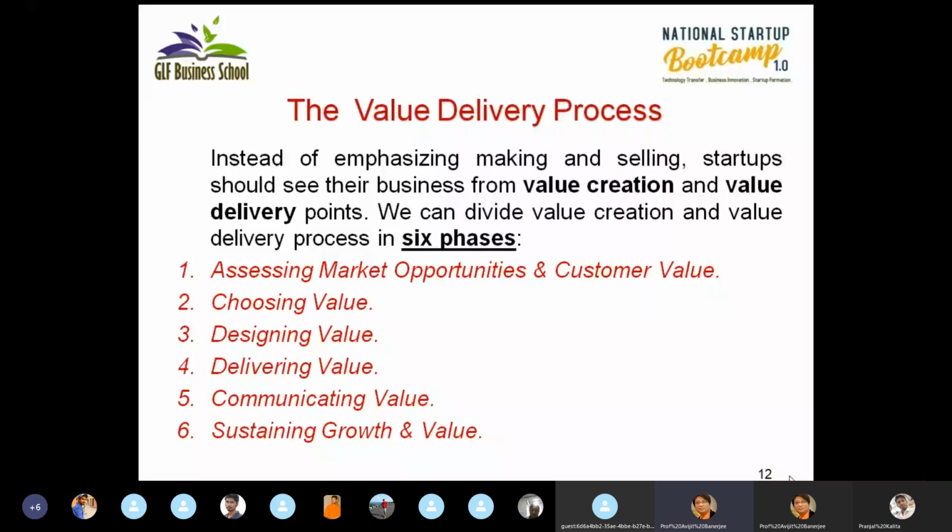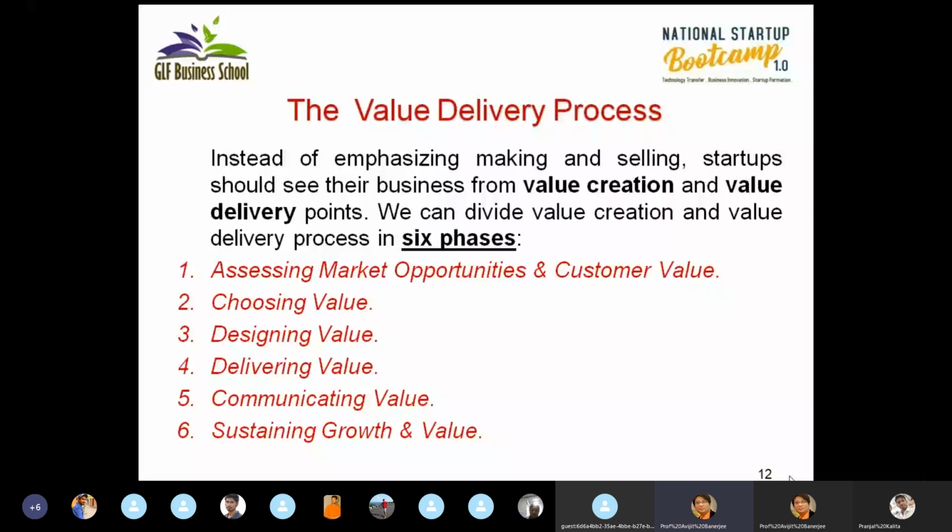Firstly, assessing market opportunities and the customer value, which involves environment scanning and developing insights about customer needs, wants, and motives. Secondly, choosing the value includes critical decisions pertaining to segmenting, targeting, positioning, and branding, which is the essence of strategic marketing.